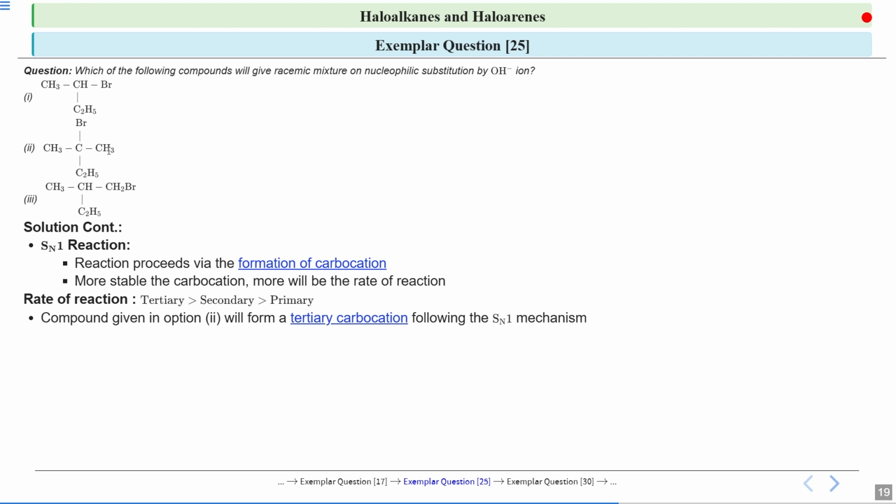It is going to provide us a tertiary carbocation, the most stable one, and because stability of carbocation is a key factor in the SN1 reaction, the second compound will follow the SN1 mechanism. So our correct option is A, because the question asked which compound will give racemic mixture. The second compound will follow the SN1 mechanism for the nucleophilic substitution, because it is going to give us a tertiary carbocation. So our correct option is A.